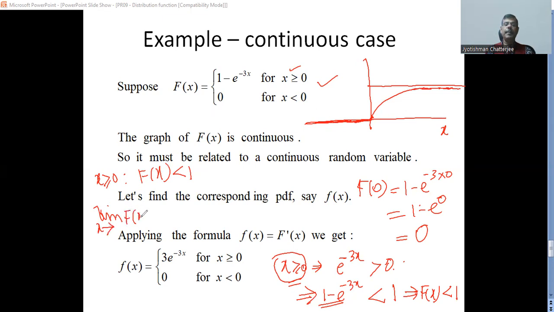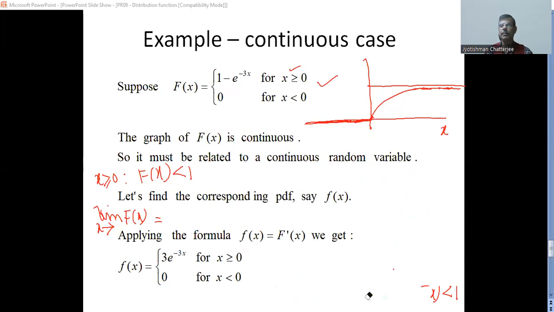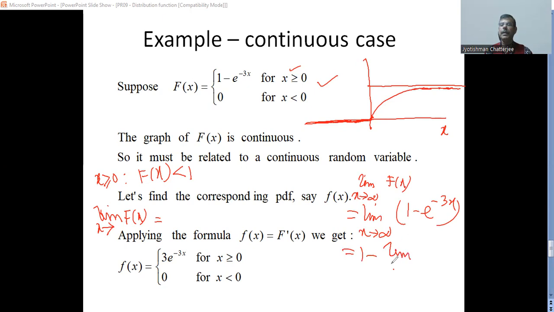Let's check. Let me remove these parts. Limit of x tending to infinity of 1 minus e to the power minus 3x, which is the same as 1 minus the limit of x tending to infinity of e to the power minus 3x.